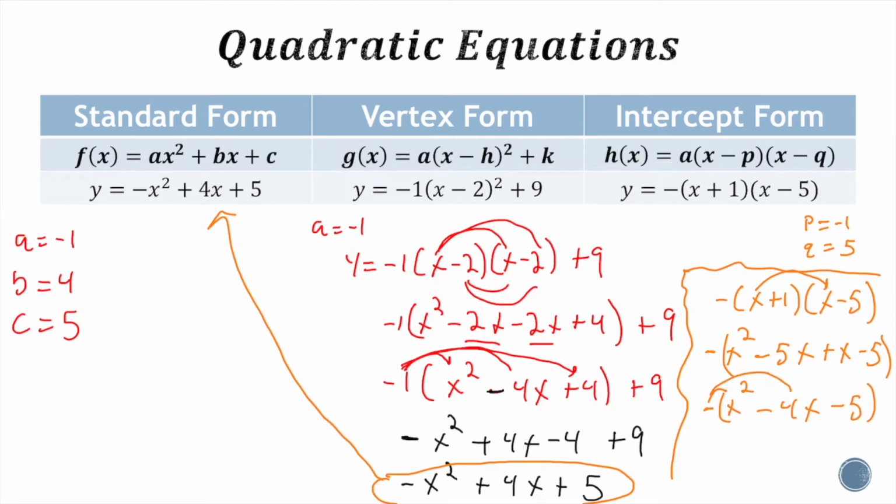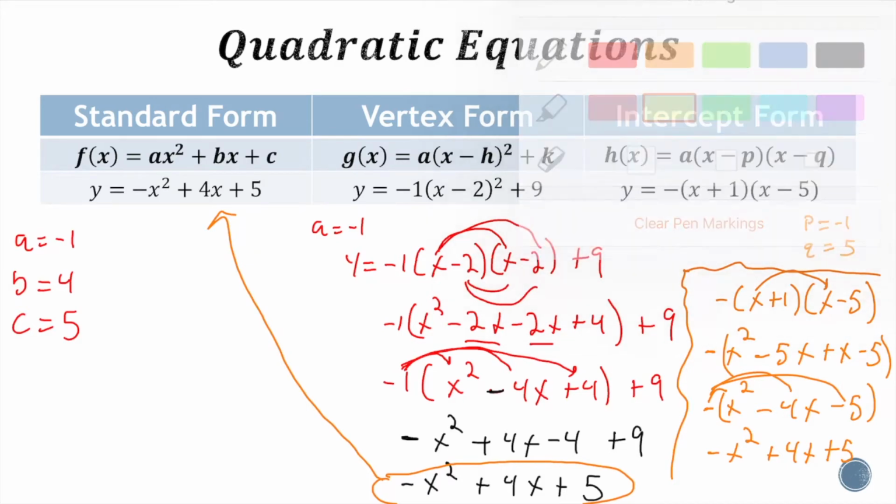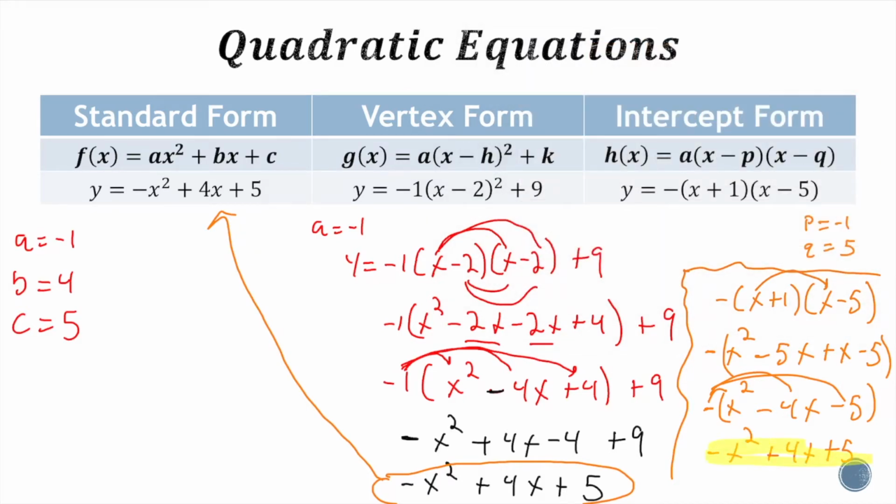I will distribute this again. Negative x squared plus 4x plus 5. So, as you can see, these are different forms to represent the same equation. And it'll all be based on what information we're given in order to solve the problem.